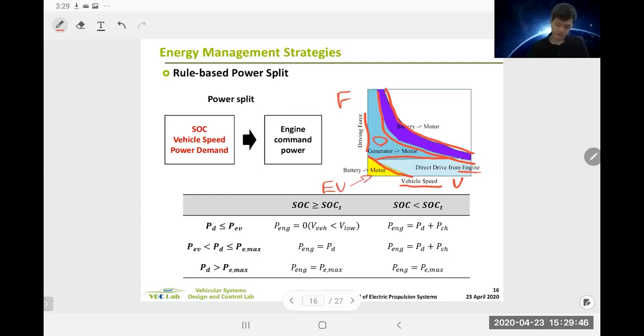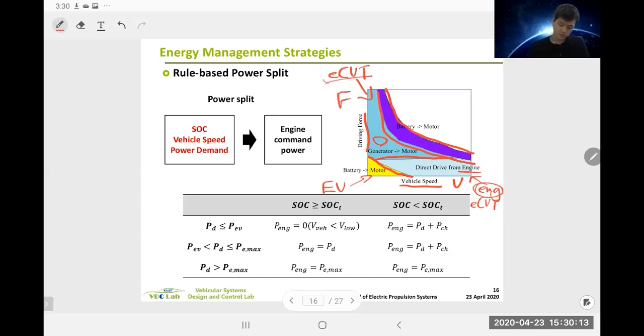Okay, and this is engine mode, and this is ECVT. This is also ECVT, but mostly mechanically driven.